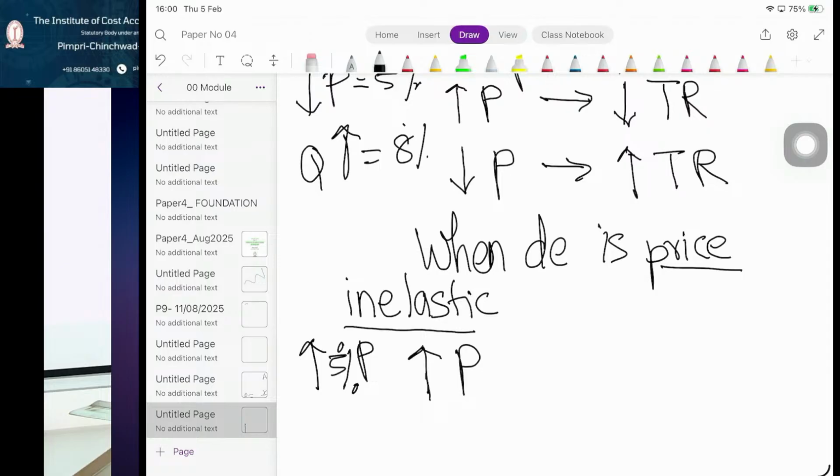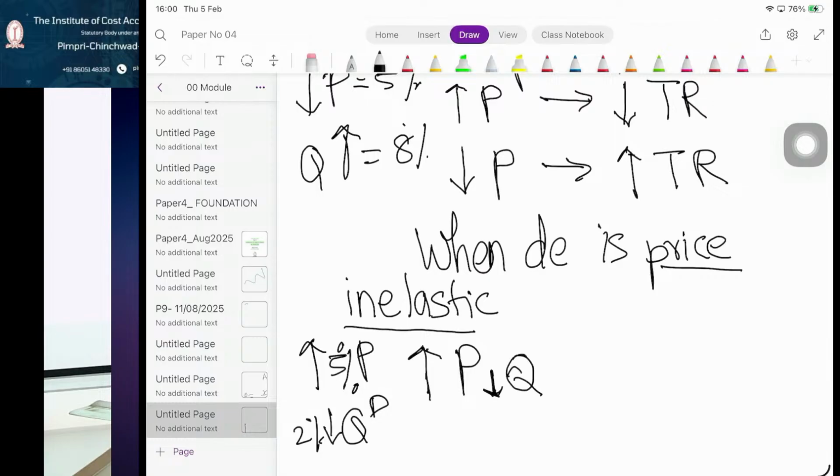Now my demand is inelastic, so quantity demanded falls but by less than 5%, so it may decline only by 2%. If this is the arrow for the increase in price, my arrow for the decrease in quantity is much smaller.